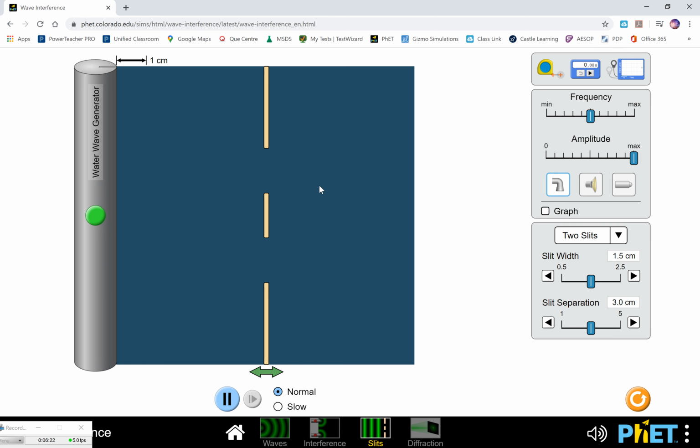So you can think of it as maybe in a classroom, if you have two doors here, if you were to stand in the middle back here between this barrier, you're going to get different sounds that come through each of these openings, and it's going to cause the sound that you hear here to be different than if you were standing in front of this barrier.